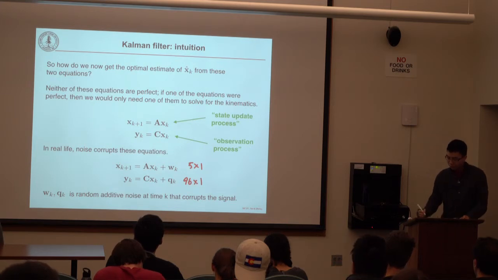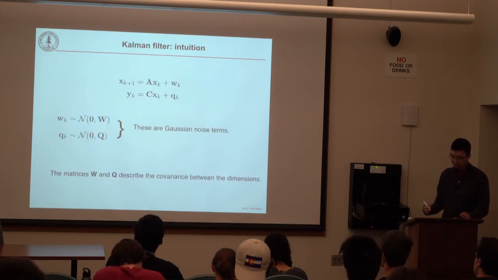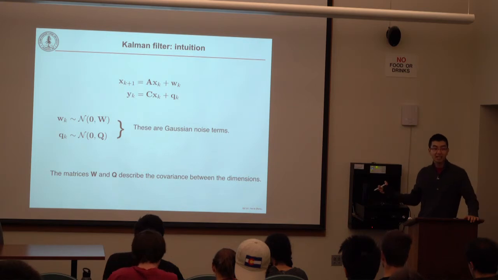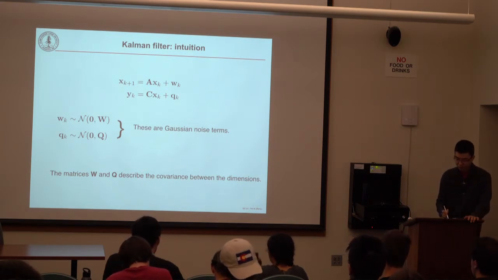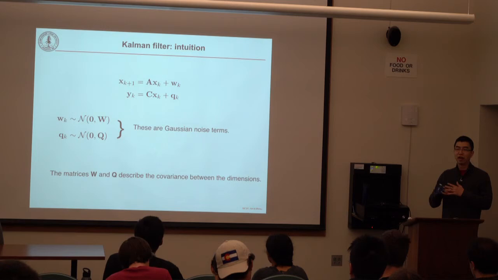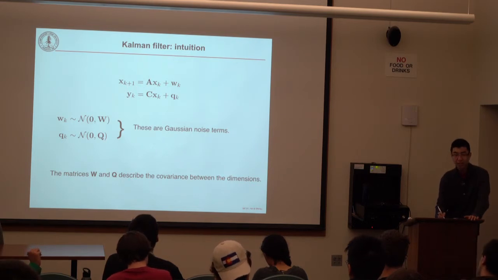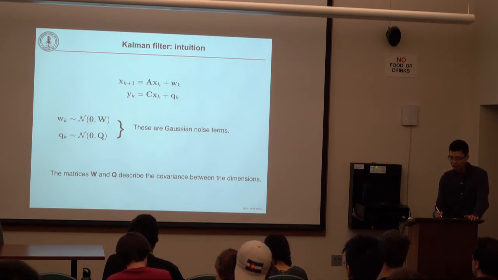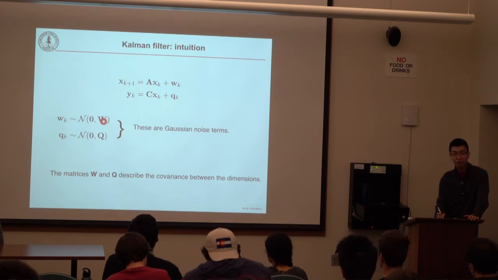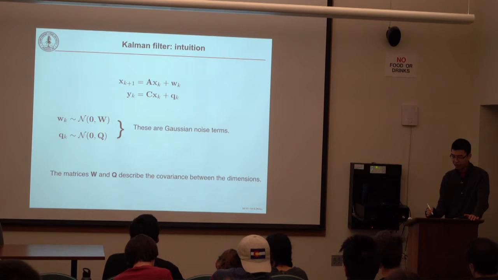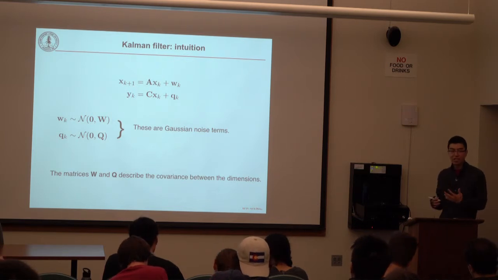All right, so we'll take a brief aside to describe what these W_k and Q_k look like. For the rest of this class, we're going to assume that these noise terms are Gaussian, which means that they arise from a multivariate normal Gaussian distribution, and that they have zero mean, and that they have these matrices called covariance matrices, capital W and capital Q. So what are these matrices W and Q?